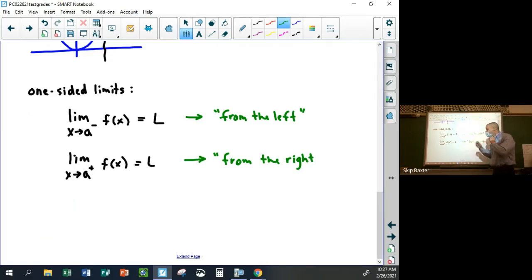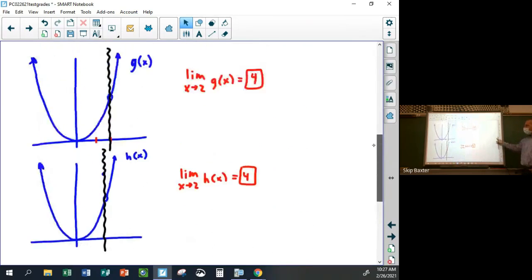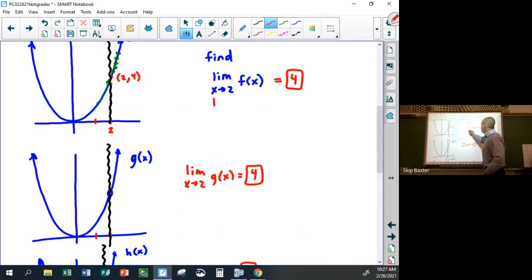Now, in each of these cases that I've already given examples for, the left and right-hand limits are the same, right? Like in this case, I could have written the limit as x goes to 2 from the left of f of x equals 4. That's true. If I am walking along this curve from the left of 2, towards x equals 2, the y values are going towards 4.